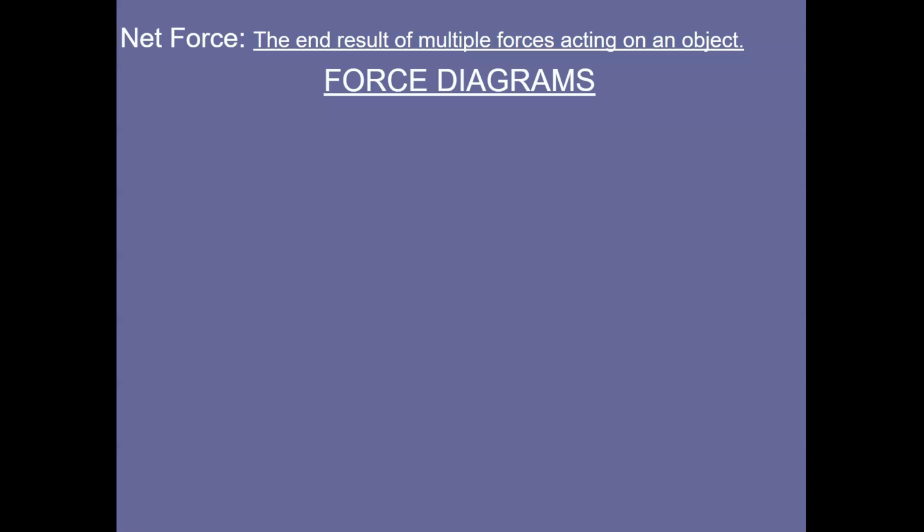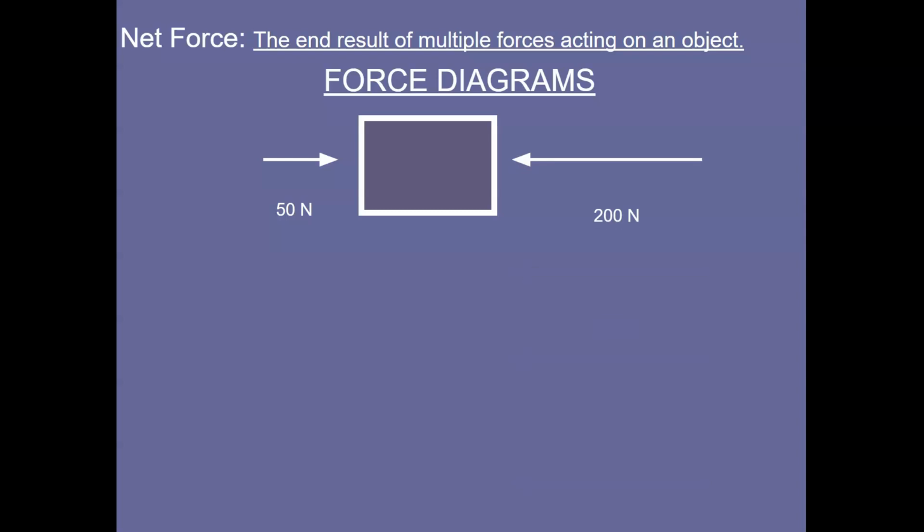in the horizontal or vertical direction. Okay, so here I just have a box, and if I apply 50 newtons of force to the right and have an opposing force, maybe somebody else is over here pushing the box to the left with 200 newtons of force. Because those two numbers are not equal, we know there's going to be motion. Okay, so we want to be able to calculate how much force is left over and think about which direction the object would be moving.